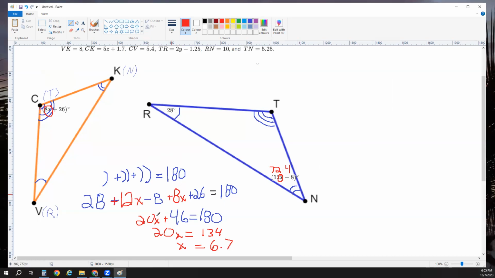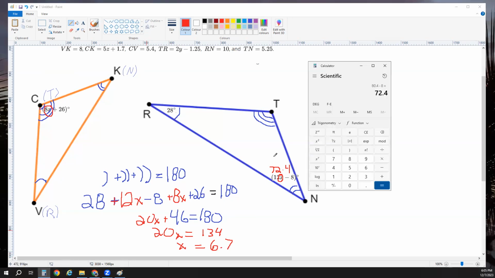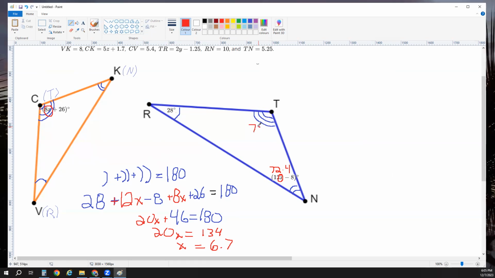And then you'll have 8 times 6.7 plus 26 equals 79.6.